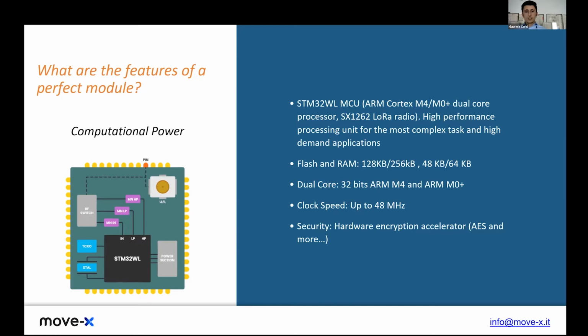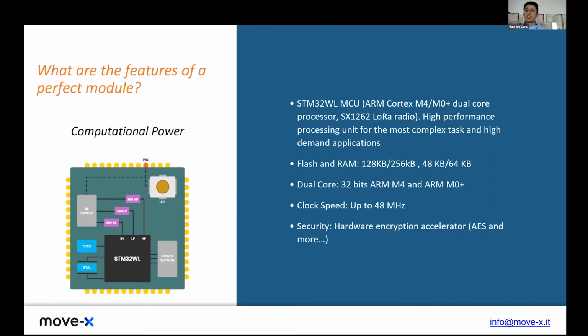So you can choose how to use them independently. If you want the Cortex M4 to use the radio, you can. If you want the Cortex M0 to use it, you can too. It is all integrated in one single chip.